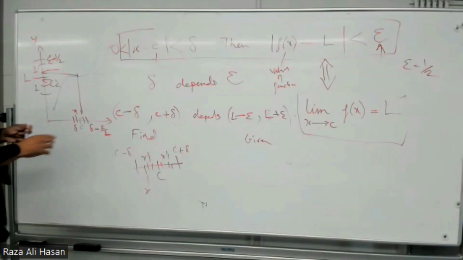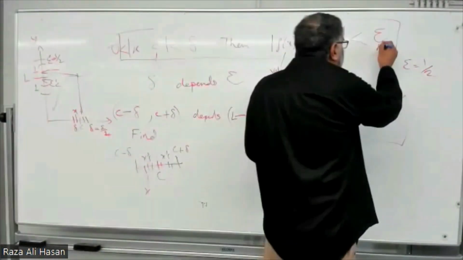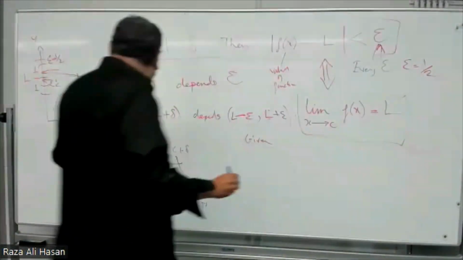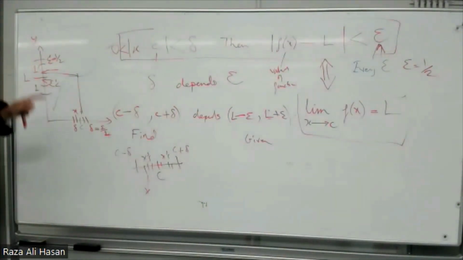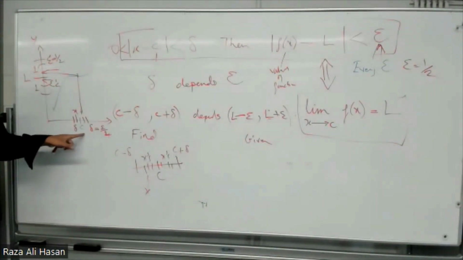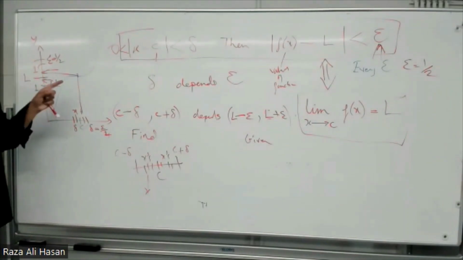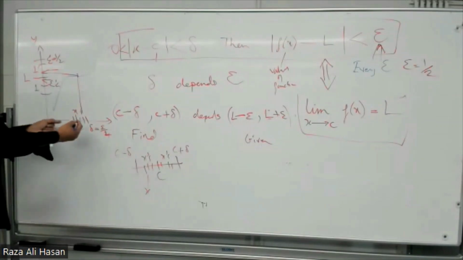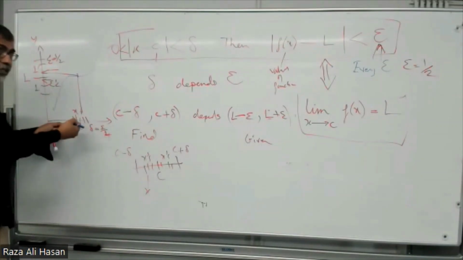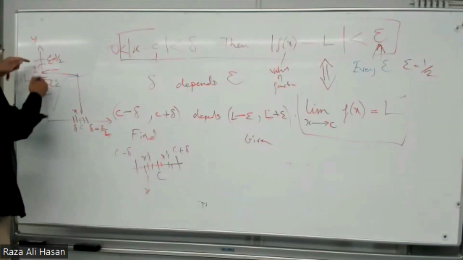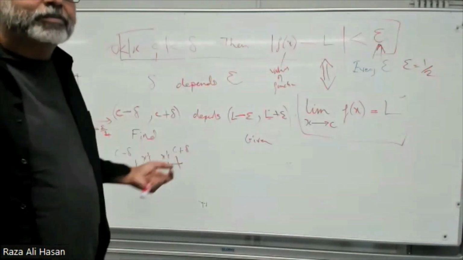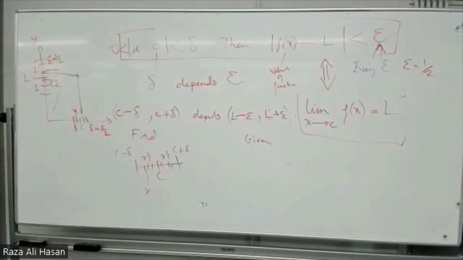What we say is, if we can show that for every epsilon the function values will fall within the interval, because we'll always be able to find the delta, then we have a limit for a function. That's what calculus is about.